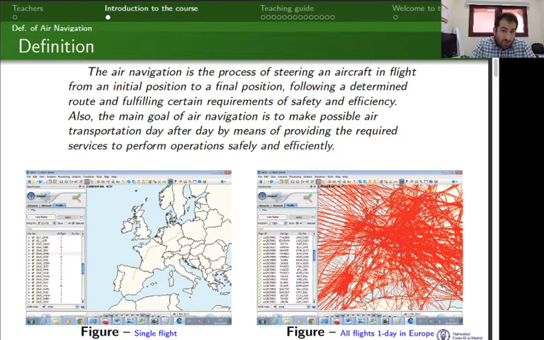altimetry, anemometry. It has to do with the basics of air navigation, reading VOR information, DME information, navigating towards a VOR, navigating towards a DME, landing using ILS and following an approach procedure, GNC concepts, inertial navigation, estimation techniques, all the instrumentation you have on board.